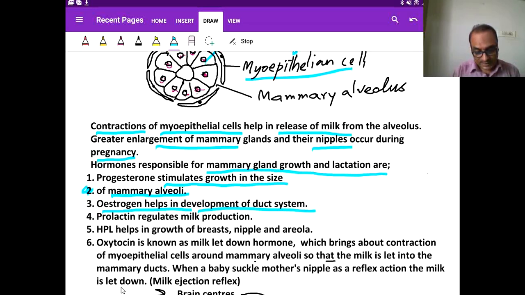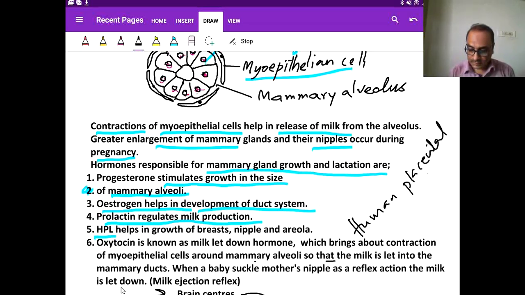And then prolactin regulates the milk production. Another hormone, human placental lactogen, called HPL, also helps in growth of the breast, nipple and areola region during pregnancy.